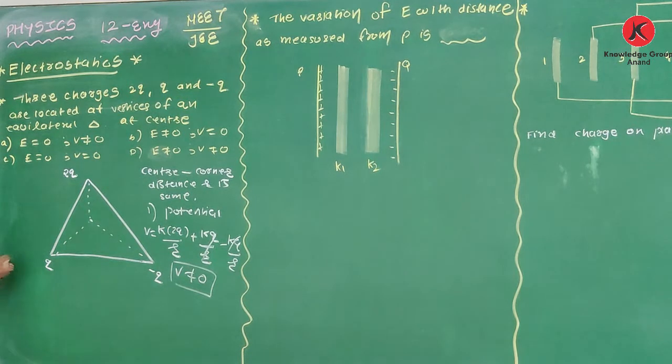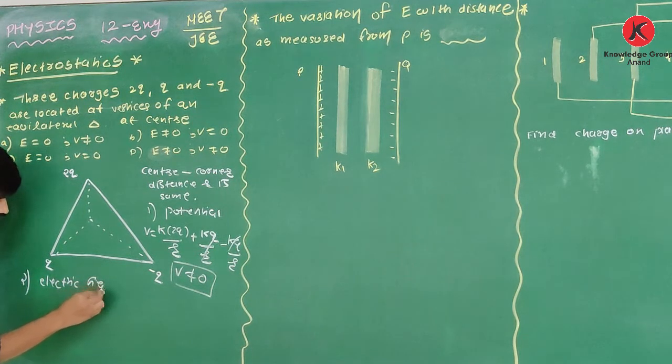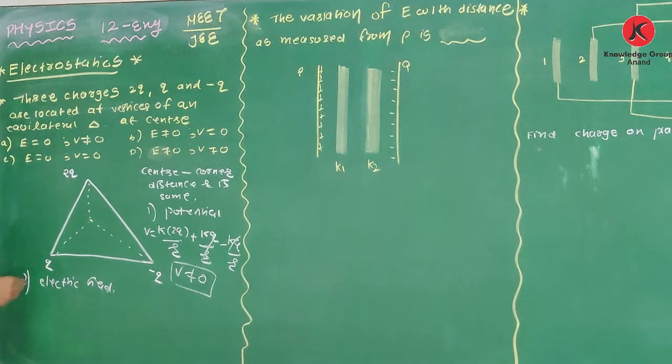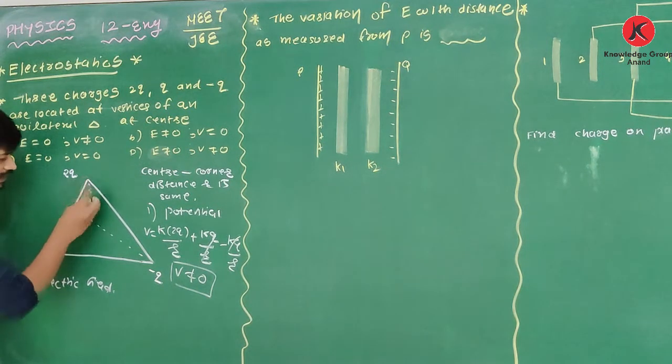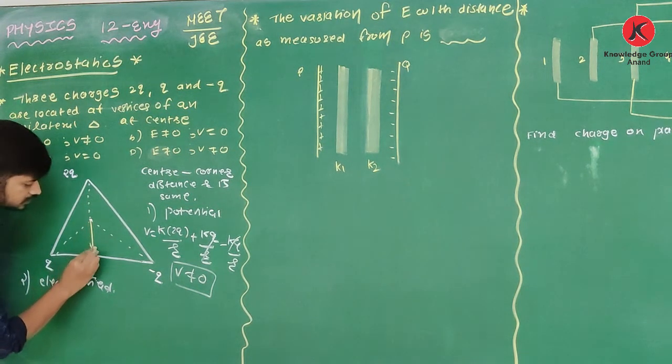Now what about electric field? At this point you have to find the electric field. What is its direction? First of all, due to this 2q charge, it is radially away, means in this direction.